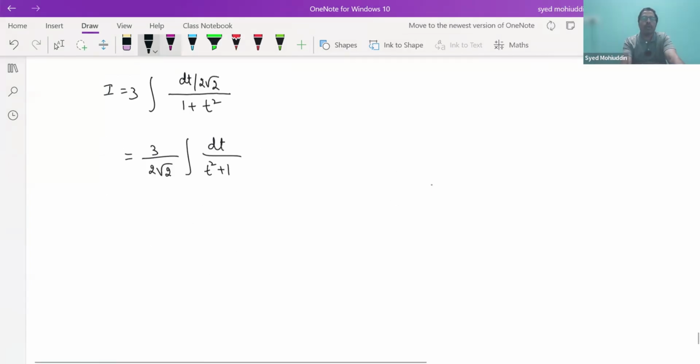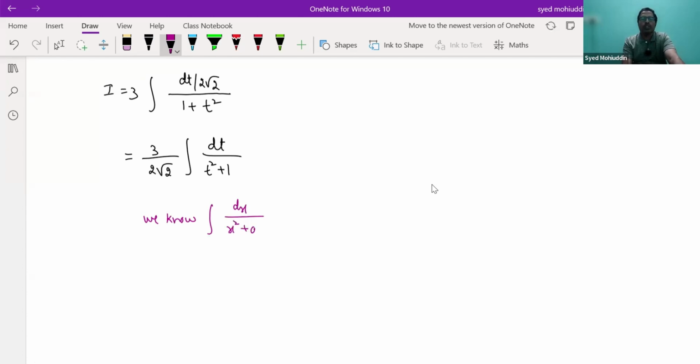You know this formula: integral of dx by x square plus a square is 1 by a into tan inverse of x by a plus the constant of integration c. Now if you plug in, in place of x, this will be your t value.